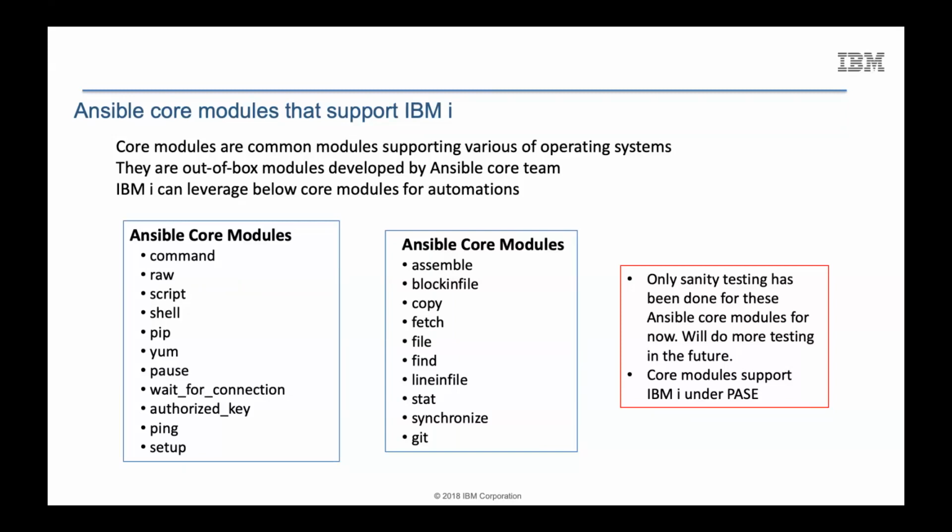Right now, the AIX team and the VIOS team are very busy implementing new modules to support the platform. There are a bunch of things you can do, and from the Ansible core module perspective, there are a set of core modules that can be executed on AIX as well as VIOS, I believe.